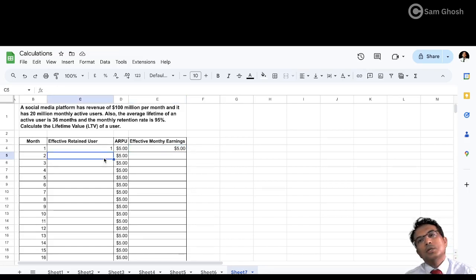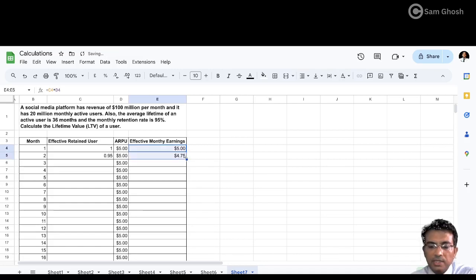Next month we don't have that one customer because the retention rate is 95%. It means that we'll have 1 multiplied by 0.95 users next month. So the effective monthly earnings from that one acquired user is now $4.75.